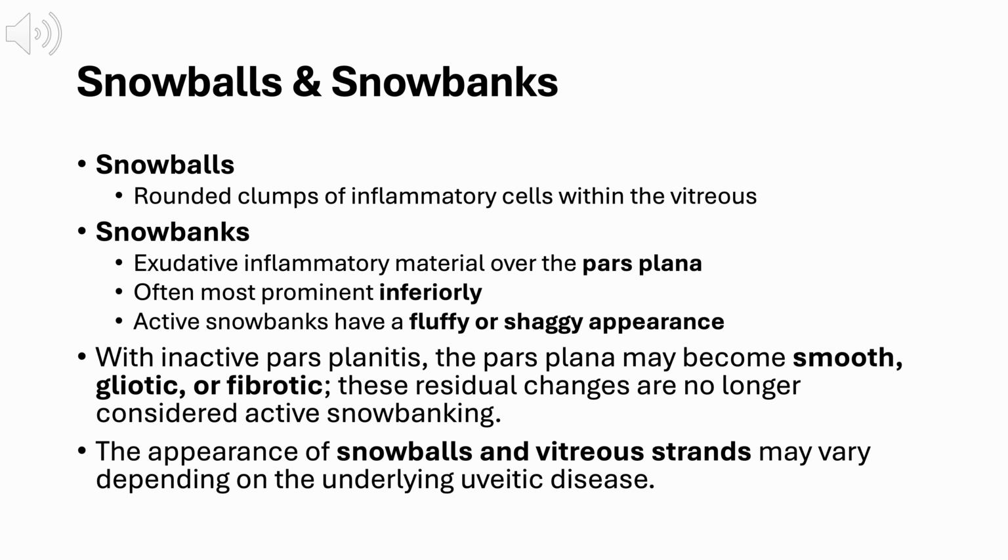Active snowbanks appear fluffy or shaggy, whereas with inactive pars planitis, the pars plana becomes smooth, gliotic, or fibrotic, and those residual scars are no longer considered active snowbanking. The appearance of snowballs and vitreous strands can also vary by the underlying disease. So recognizing not just their presence, but their texture tells you whether the disease is currently active.